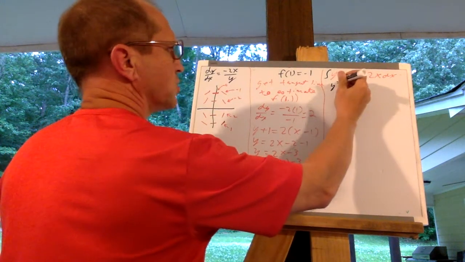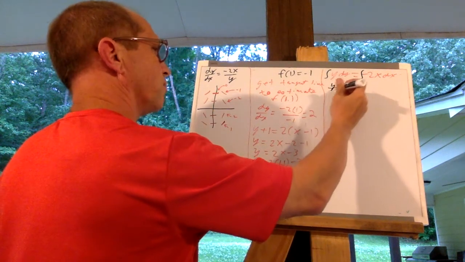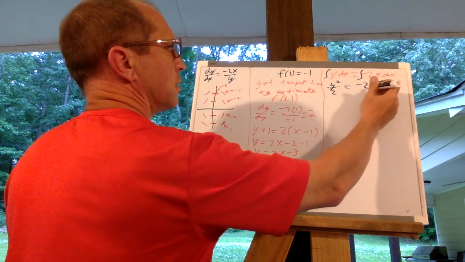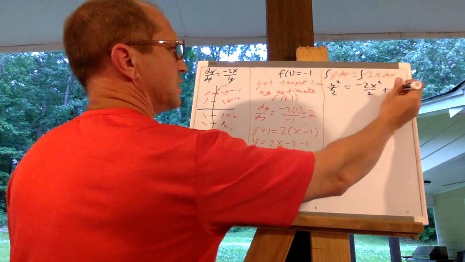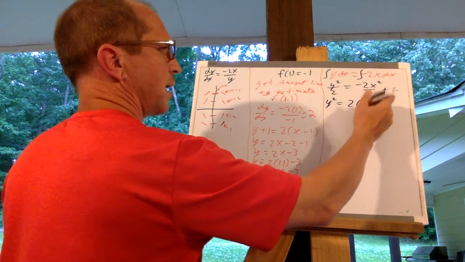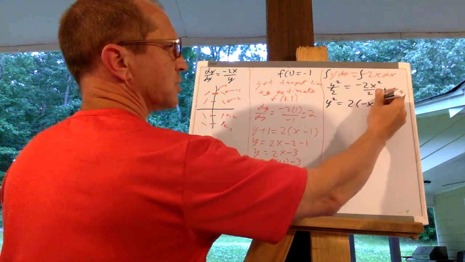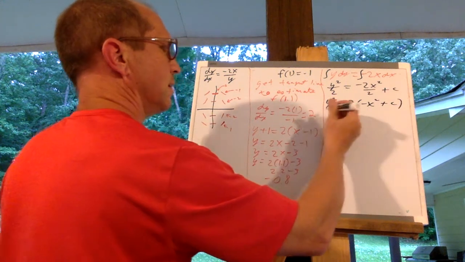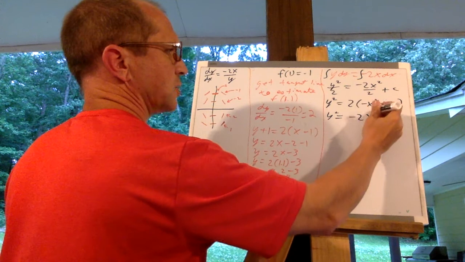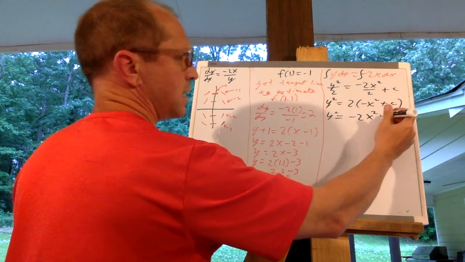So we get y squared over 2 equals negative 2x squared over 2 plus c. So y squared is going to equal 2 times negative x squared plus c. So y squared equals negative 2x squared plus c. Again, 2 times c is c.